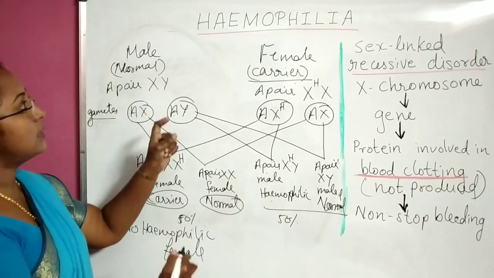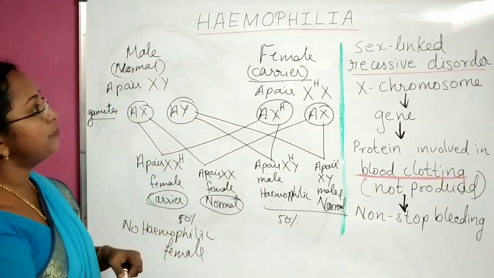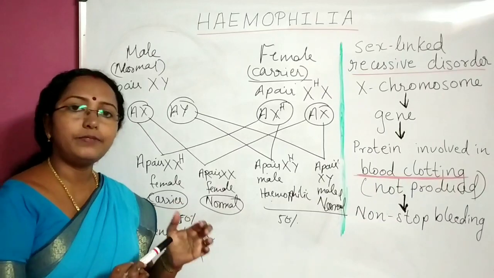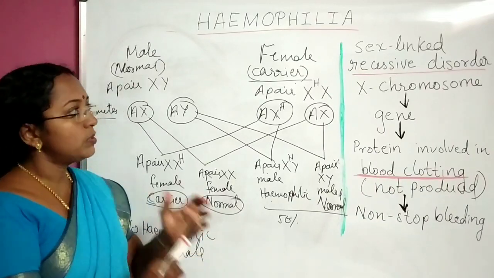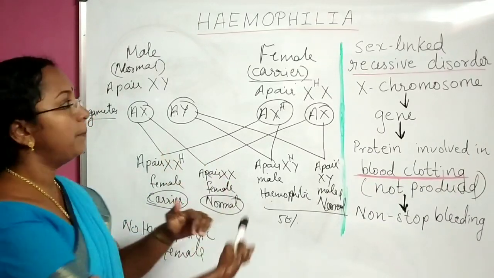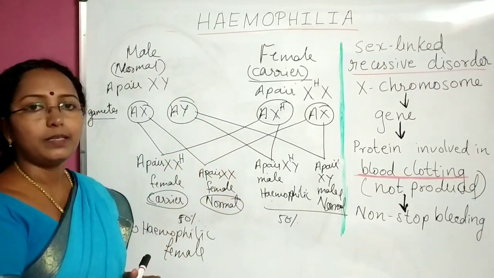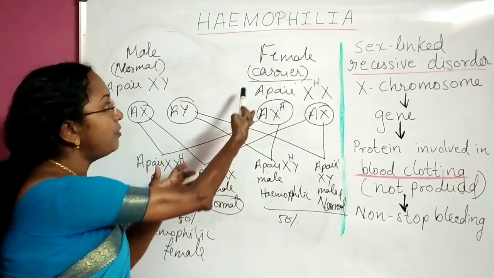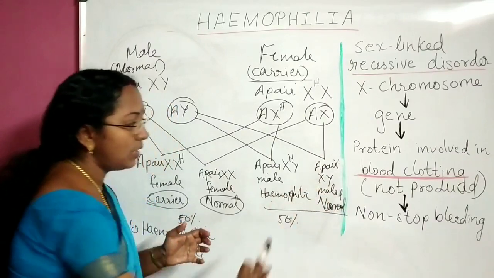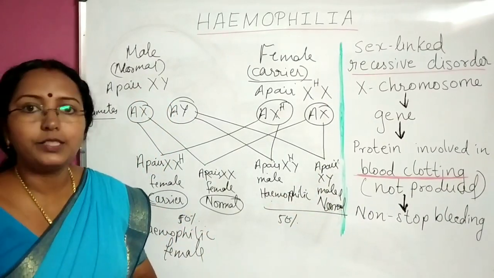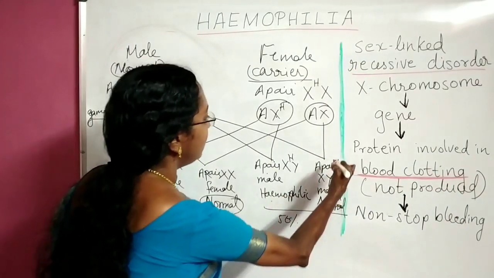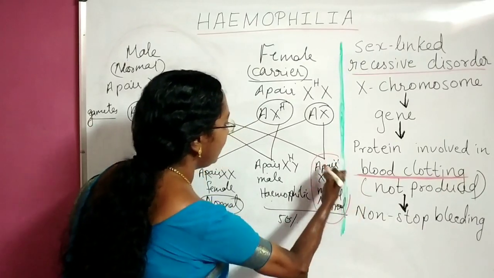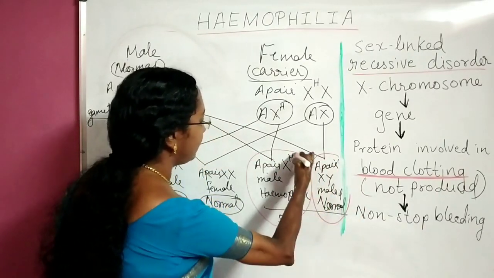So this kind of disease, that is haemophilia, sex-linked recessive disorder, mostly it is passed on from carrier female to some of the sons. Sons means the male child.